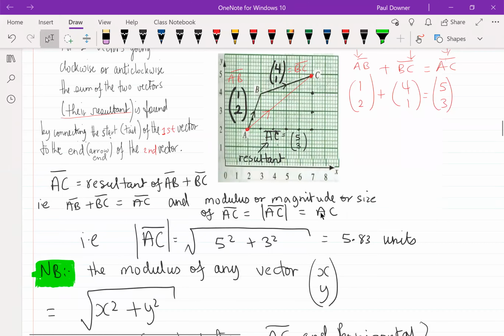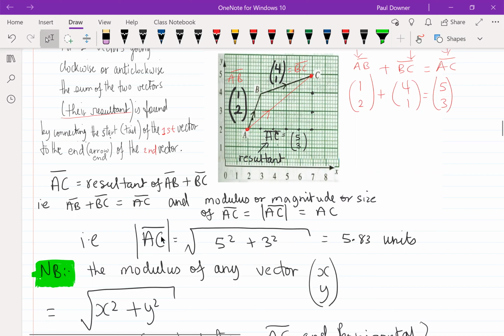Another way of writing this is just simply to take the dash off of it. So you could write the modulus like this, AC, or you could write it like this, with the dash on top and two vertical lines on either side. Now, how do I calculate the modulus of this vector and then any vector? Well, it's easy.